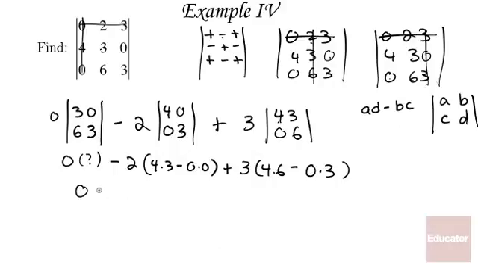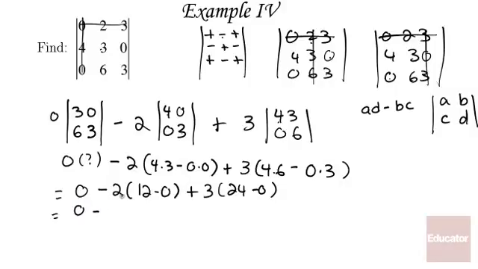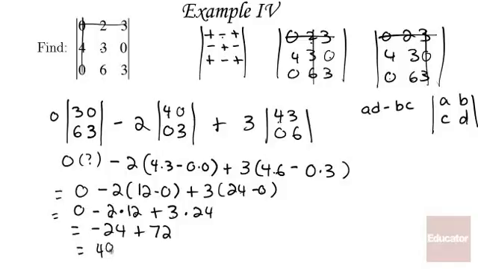It's going to drop out. -2 times 12 minus 0, plus 3 times 24 minus 0. This becomes 0 minus 2 times 12, plus 3 times, this is just 24. Let's get rid of the 0 at this point. -2 times 12 is -24. 3 times 24 is 72. -24 plus 72 equals 48.